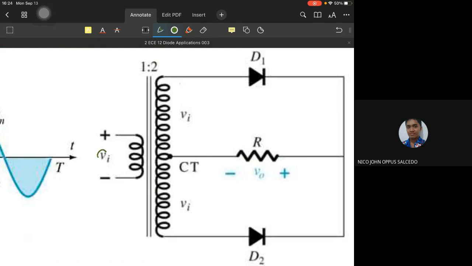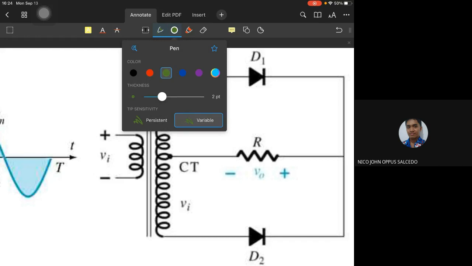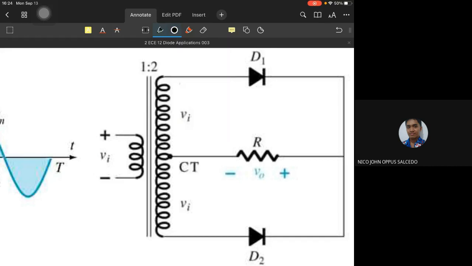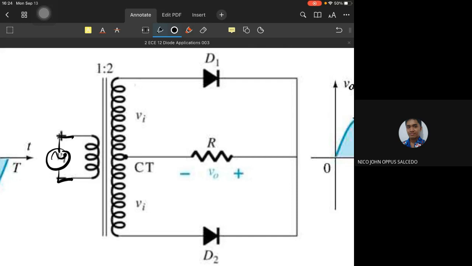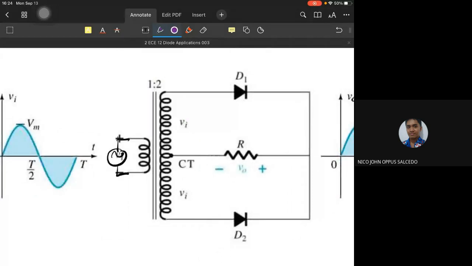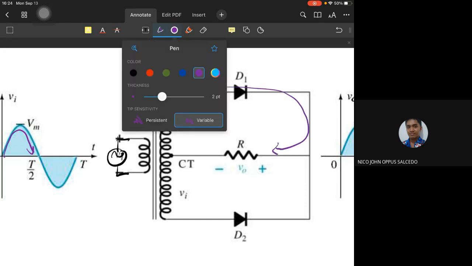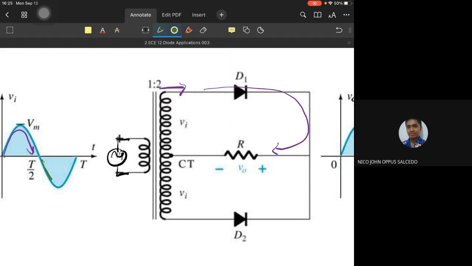So instead of our diode circuit being directly connected to the source, there is a transformer with a center node, which we call a center tap. During the positive half cycle, the current will flow in this direction, and on the negative cycle it will flow here.